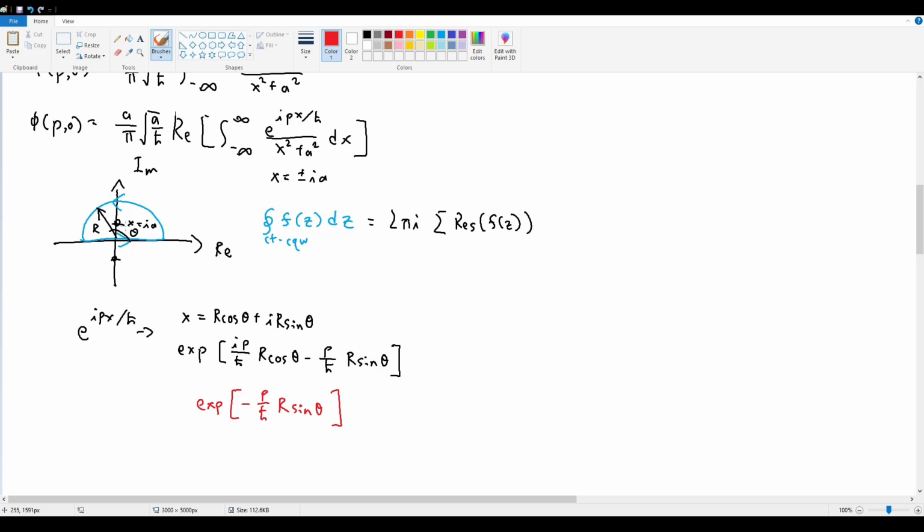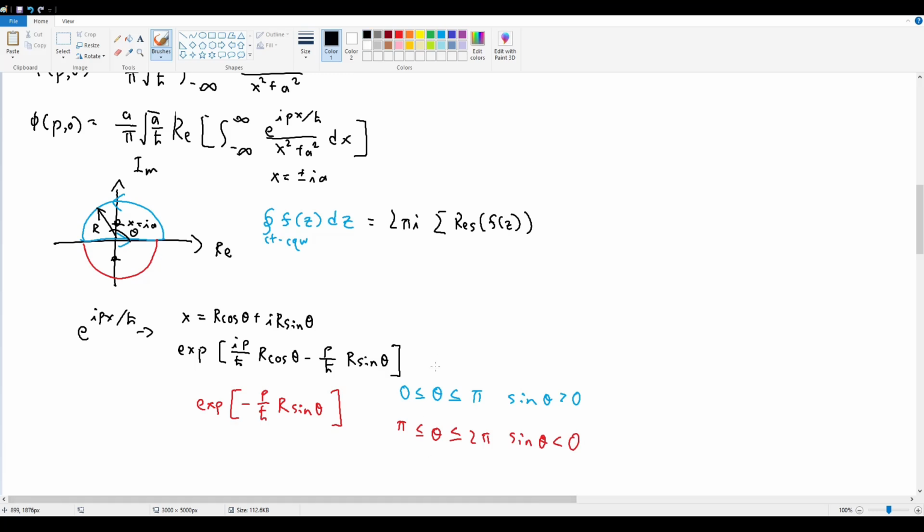Because if we close our contour on the upper side in blue, then theta goes from 0 to pi, in which case sine of theta is always going to be positive. Now, alternatively, if we close our contour from the bottom side, in that case pi is less than or equal to theta, which is less than or equal to 2 pi, in which case sine of theta is going to be negative.